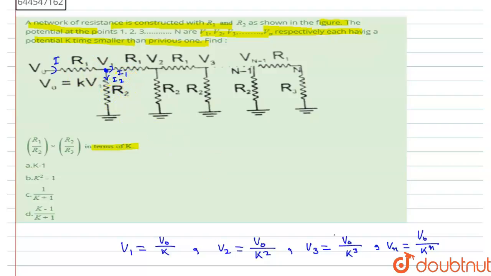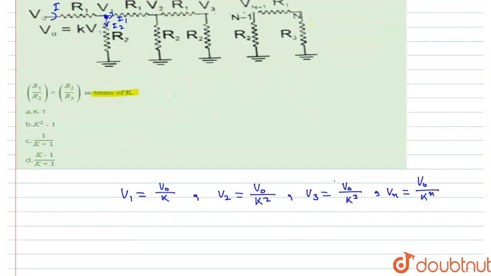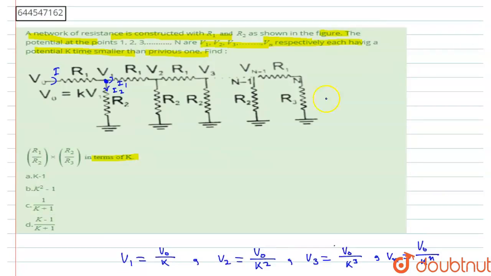So we can write I is equal to I1 plus I2. Now we have to find I1 and I2. I1 is equal to potential difference divided by R1.